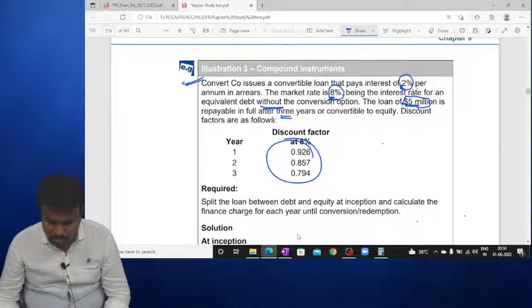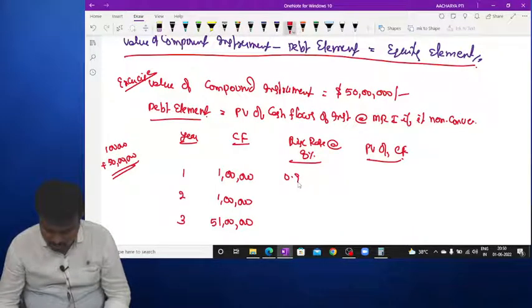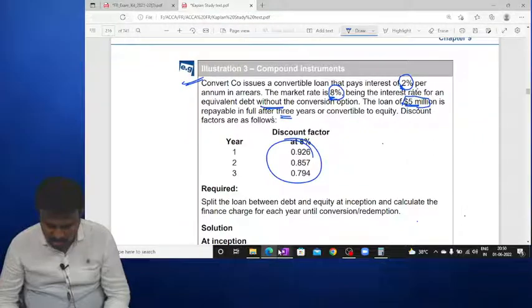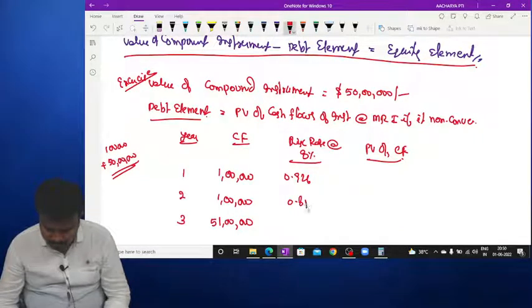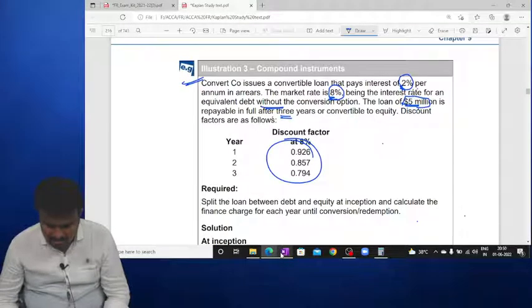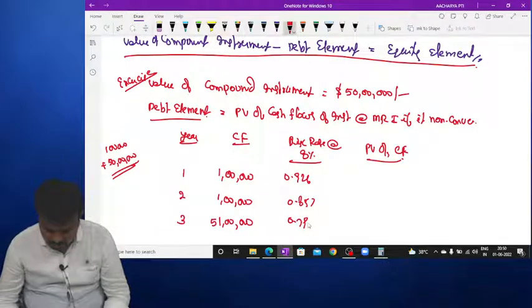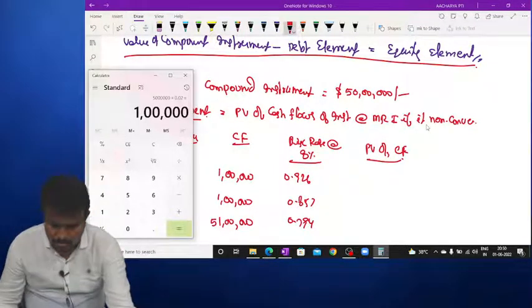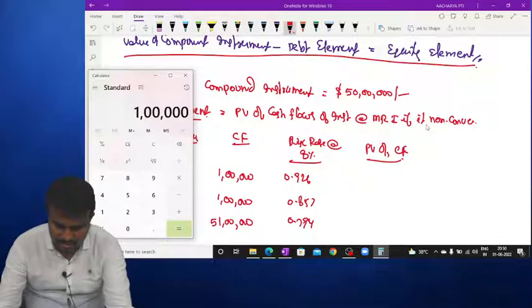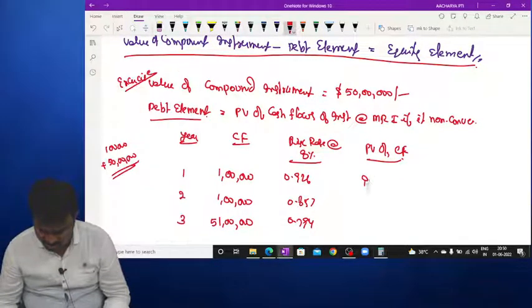Then discount factors are already provided here: 0.926, 0.857 and 0.794. So 1 lakh into 0.926 equal 92,600, 85,700.